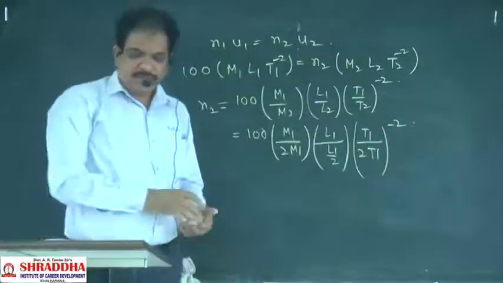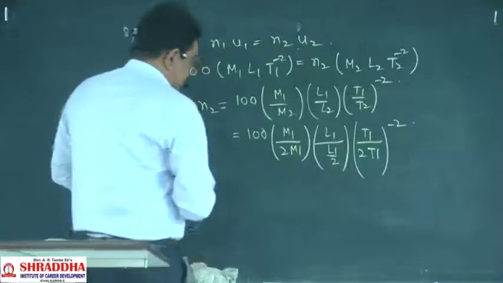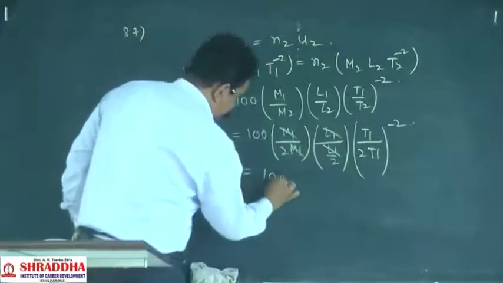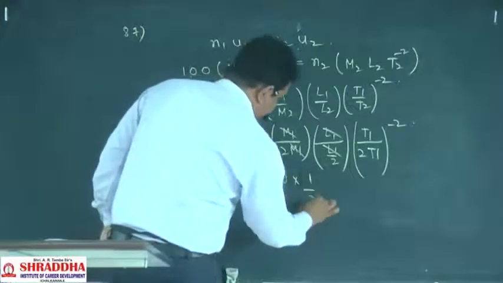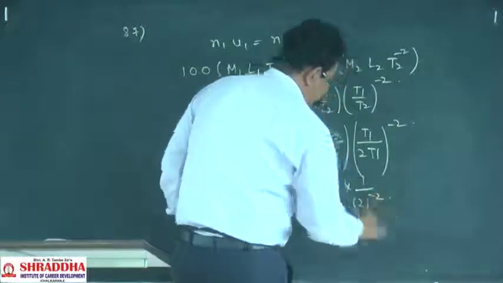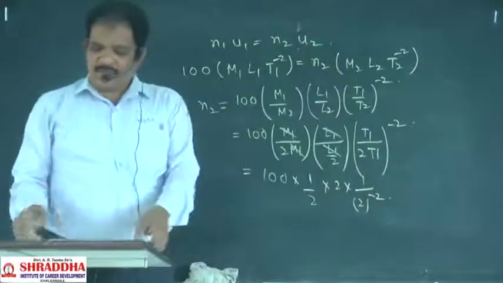Okay. So here 100 into 1 by 2 into 2, 1 by 2 power minus 2. Clear?